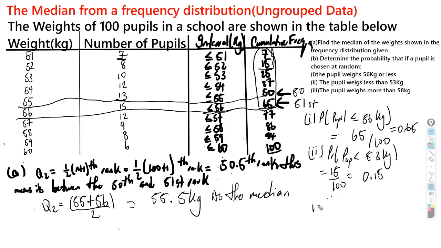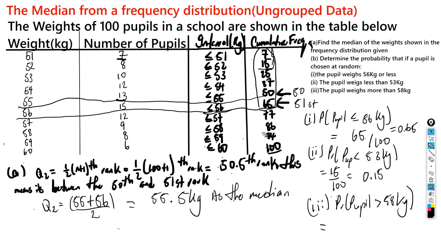And for the third one, it says calculate the probability that the pupil weighs more than 58 kilograms. So in this case, it would be anything greater than 58, and this one is usually greater than or equal to 58.